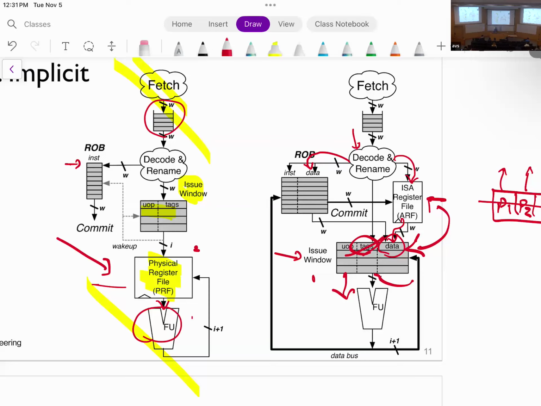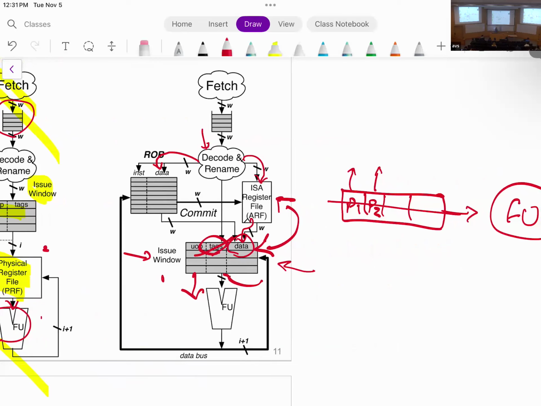In this case, I'm saying that I don't want to wait for one cycle to read from the register file. What I want is that whenever I put these instructions in my reservation stations, I also put the values. So I put the value of P1 here, and I put the value of P2 here, okay? So not only do I store the registers, I store their values.